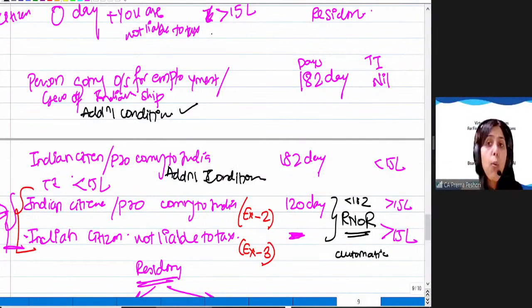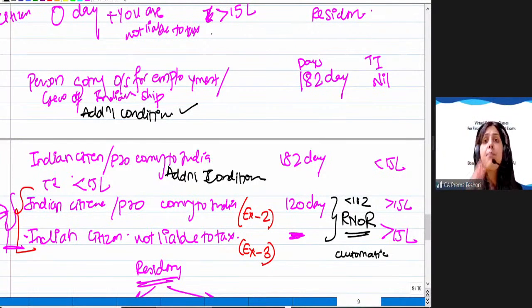In category 1, an outgoing person will be considered. In category 2, an incoming person will be considered, whose total income is less than 15 lakh. For him, replace 60 days with 182 days. So only the 182-day condition will be considered.